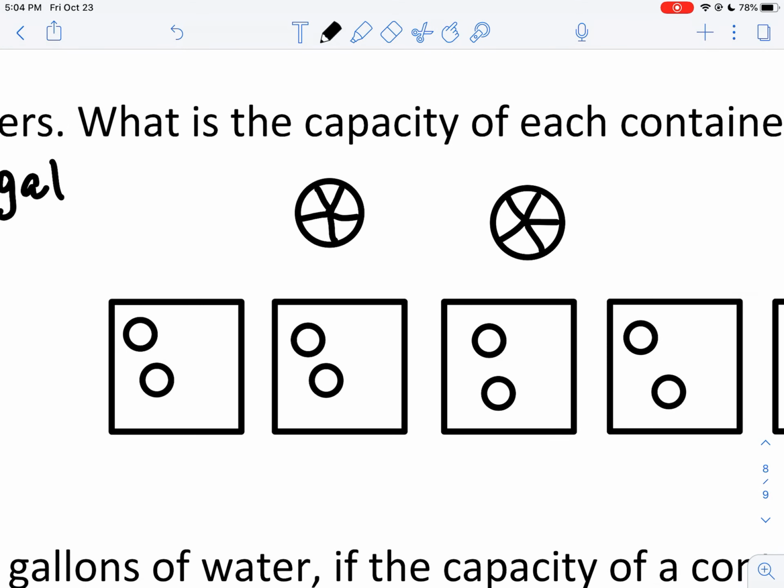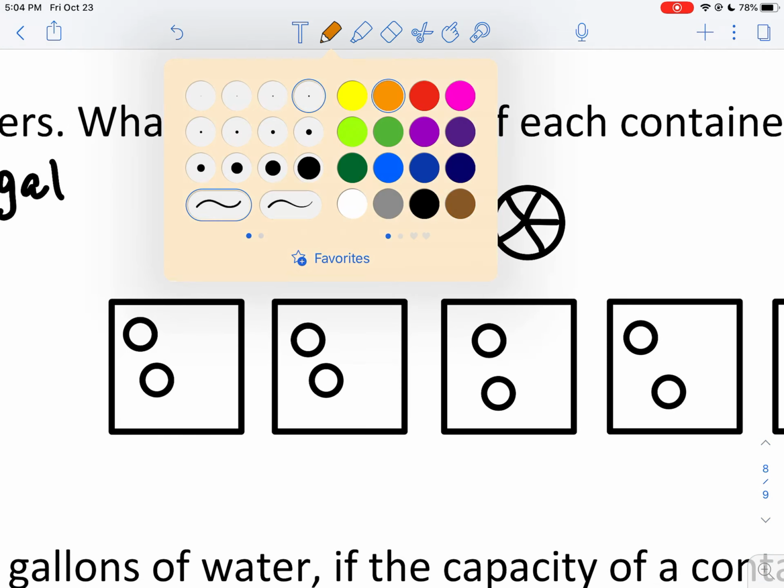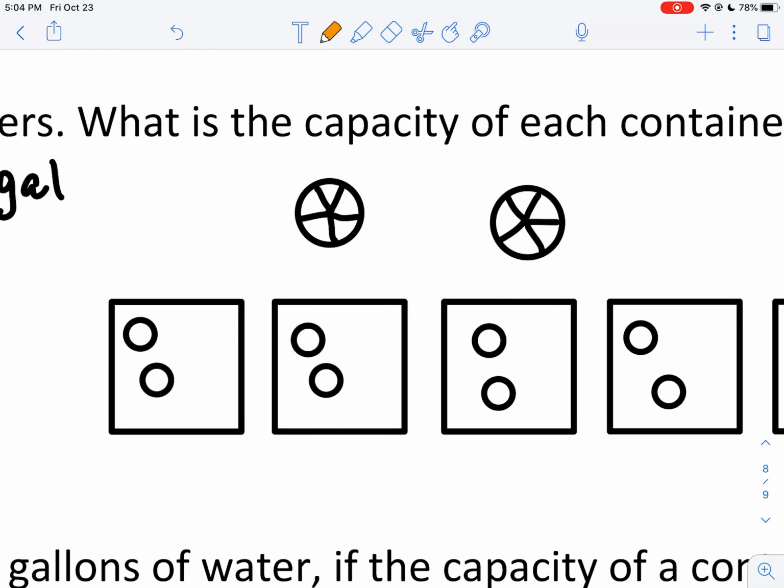It's easier to do rectangles, but you break each of those up, and then if you wanted to, you could color code them or something, or you could make a new drawing where you pull them apart. Do something like this. 1, 2, 3, 4, 5.